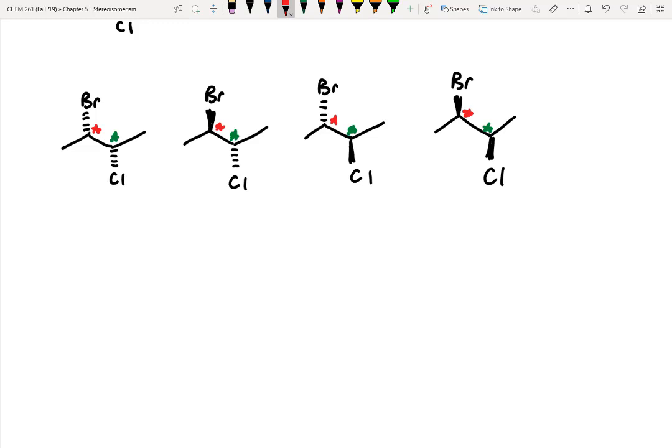I would say they're all chiral. Why couldn't they be achiral? There's no possible way to have an internal plane of symmetry in this, right? So it's impossible for there to be an internal plane of symmetry. So this would be chiral, chiral, chiral, chiral.